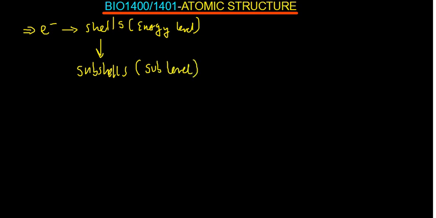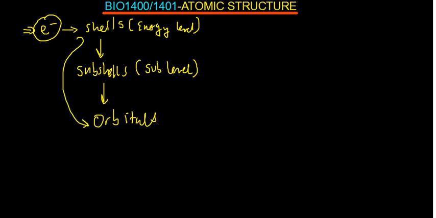Now a sublevel is also going to be divided into what are called orbitals. So we know that an electron is found in a shell, but specifically where? In orbitals.